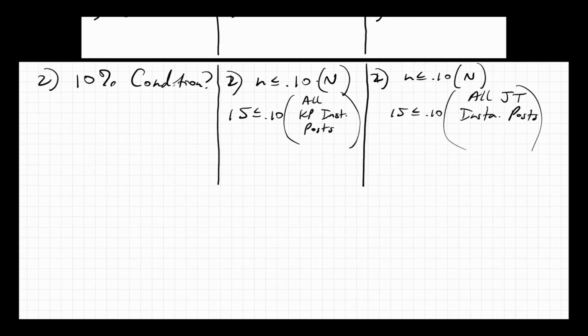So that number would have to be more than 150. We don't know it, so we can't check it. That's the best we can do. Okay. Number 3 is shape.